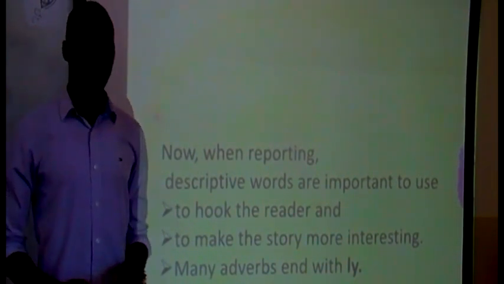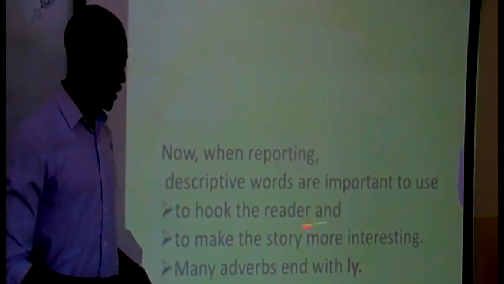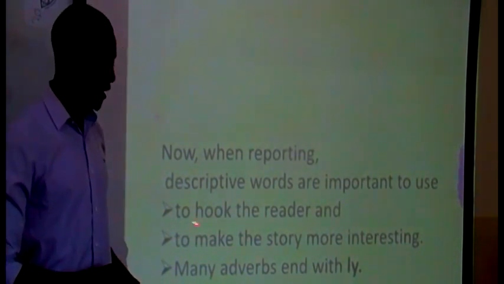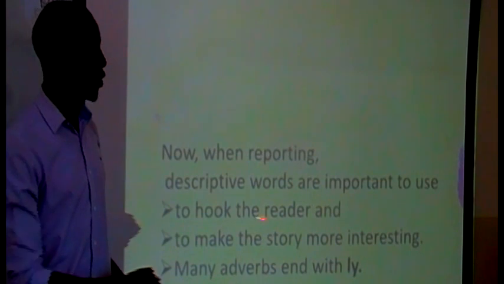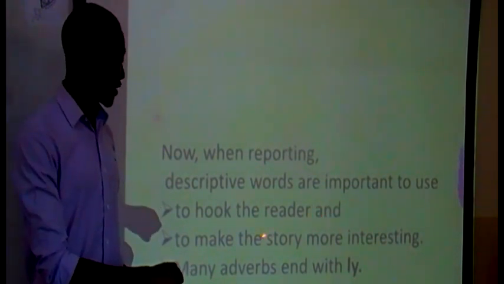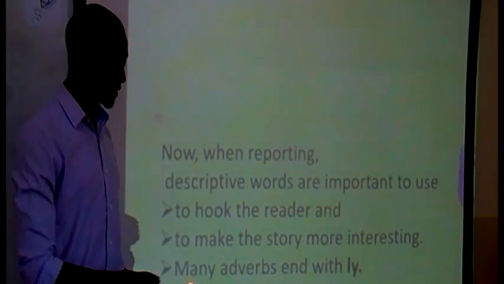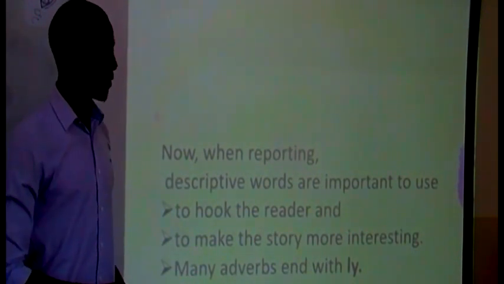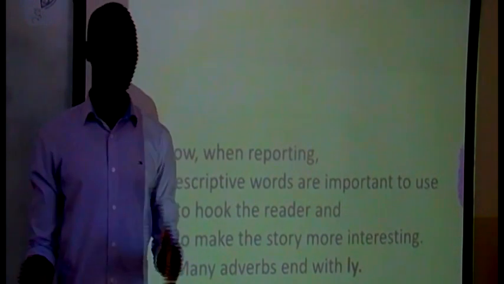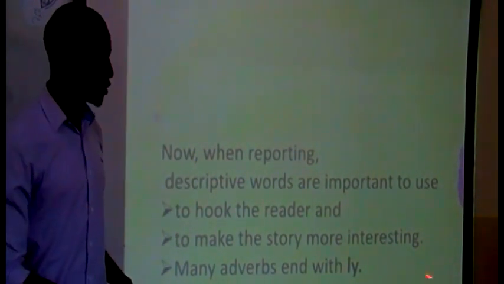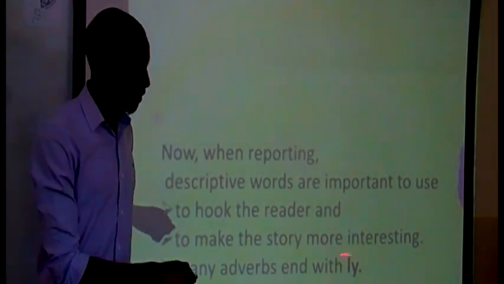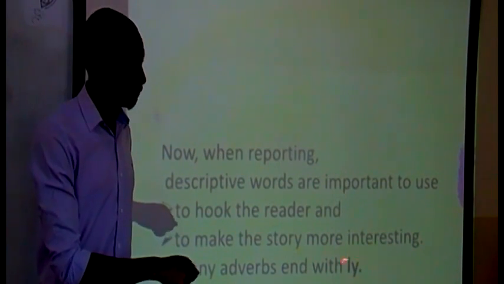One of the importances is, number one, we have to hook the reader, and also to make the story more interesting. Now, when you look at descriptive words, most of them end with the sound L.